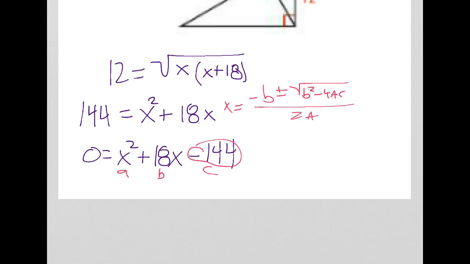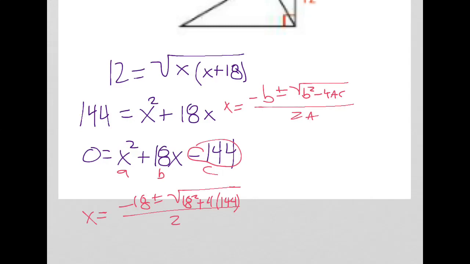So, negative B is negative 18 plus or minus the square root of 18 squared minus 4 times A, which is 1, times C, which is negative 144. So I have a double negative, which makes that a positive right there. All of that divided by 2 times a, which again is 1.